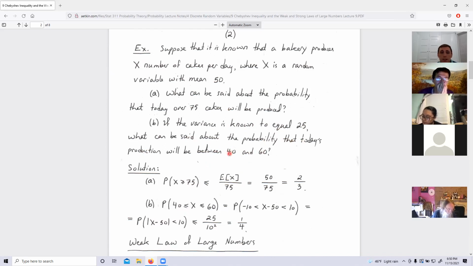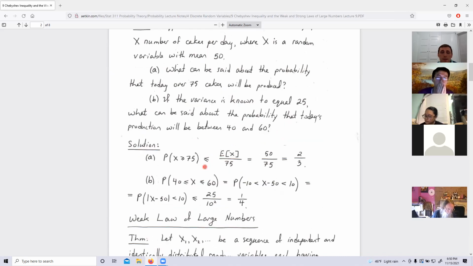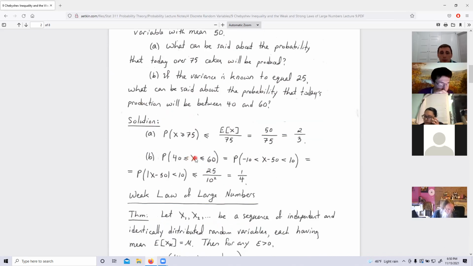So we want to estimate X being between 40 and 60. If I subtract 50, that means X minus 50 is between -10 and 10, and that means the absolute value of X minus 50 is less than 10.